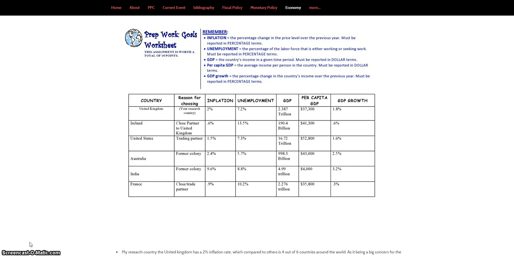Ireland's beating them. The United States is beating them. Australia is beating them. France is close, but the main thing I wanted to point out was their GDP growth. That is one of the highest for a developed nation, because developed nations really have a hard time growing off of so much. So I think that's pretty astounding.